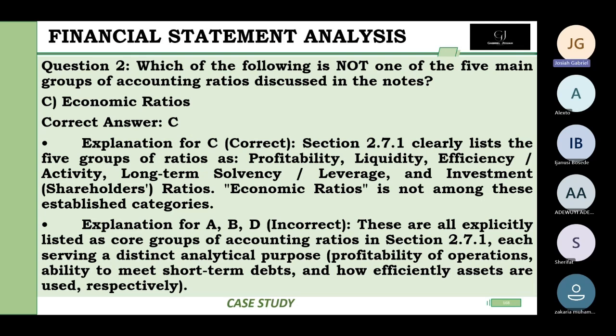So AA got it, C. AT said B. AT, what happened? IB said C, SH said C, and ZM said C. So only AT said B. So for the explanation, A, B, D are all explicitly listed as core groups of accounting ratios in section 2.71, each serving a distinct analytical purpose: profitability for operations, liquidity for the ability to meet short-term debts, and efficiency for how efficiently assets are used, respectively.